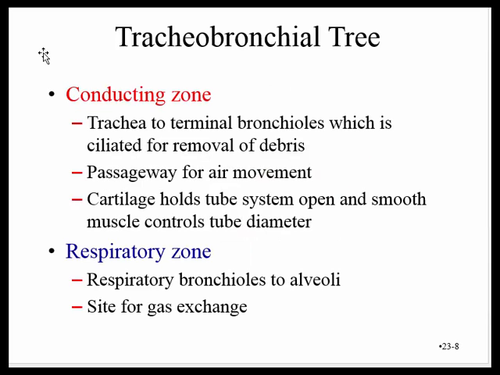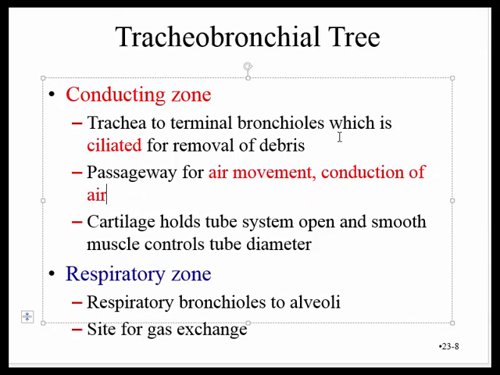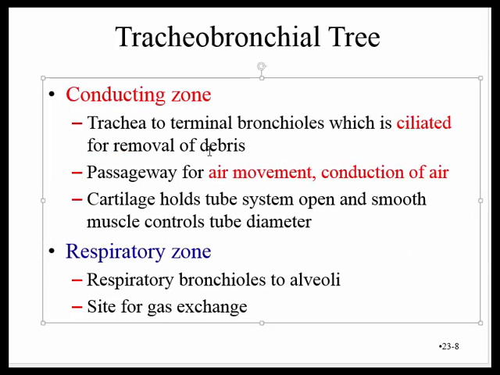And all of these conducting zone structures have cilia, so they can remove debris, and it's basically just a passageway for air movement. So literally just the conduction of air. Also, it's going to maintain that the tube remain open, and that's important for air passageway as well.